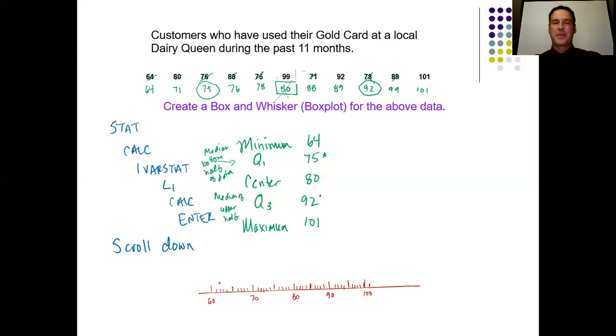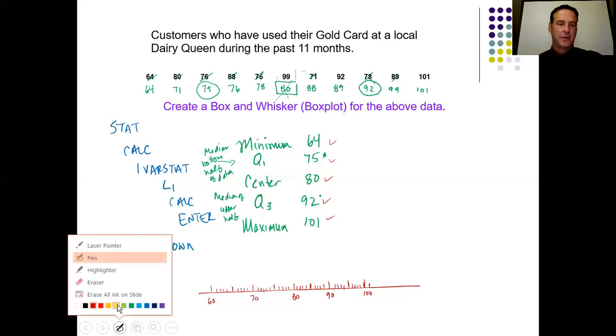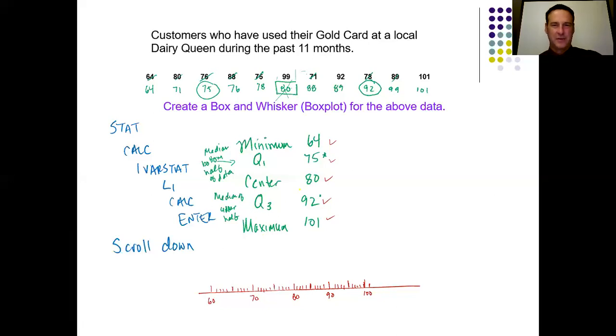And then for each one of these 5, I'm going to draw a vertical line through those little tick marks. So I will pick gold and I will say 64 is right here. If I don't have tick marks, you should write 64. Q1 is 75.